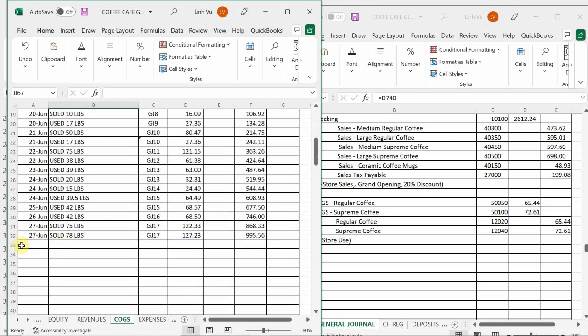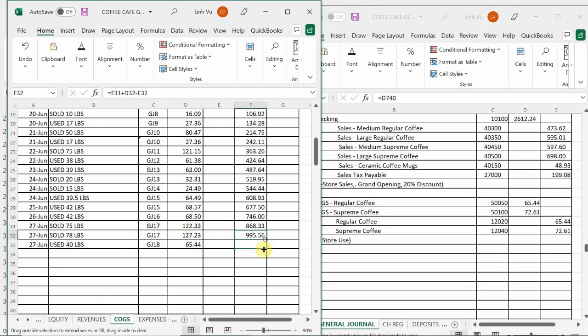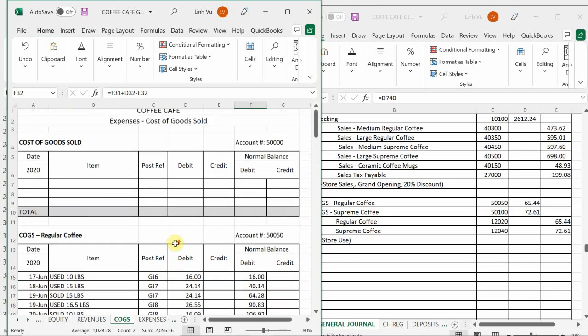right? We have here that we used 40 pounds of my regular coffee, which cost me $65.44. So that should increase my cost of goods sold for the regular coffee to be a total of $1,061 even. Okay.